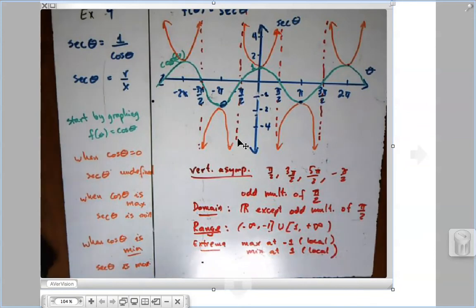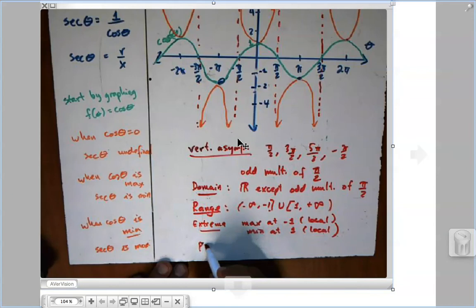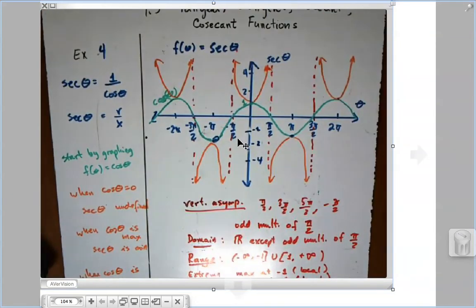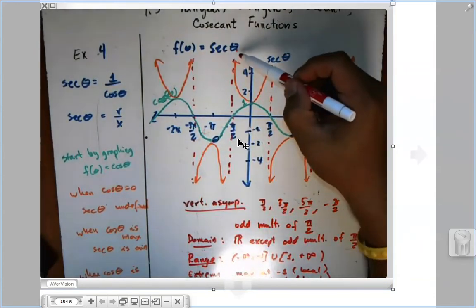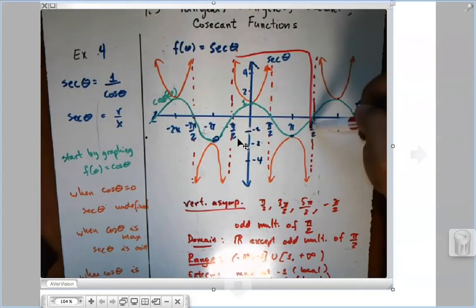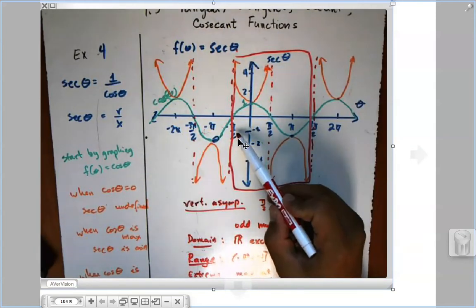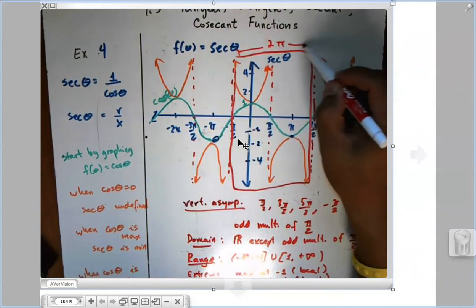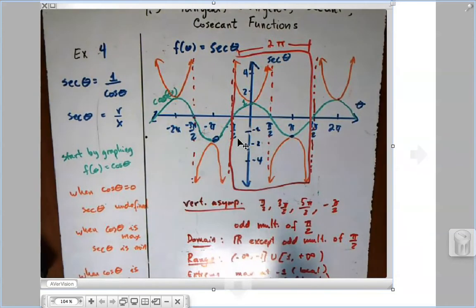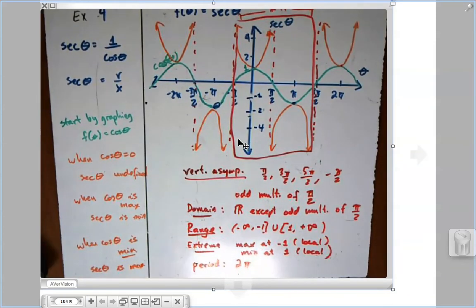There's nothing absolute about any of this, and it has a period same as before. It's a little bit harder to visualize, but if I look at this box right here, from -pi over 2 to 3 pi over 2, that distance is 2 pi. And you can see that this box just gets repeated over and over again. And so the period is the same thing as the period for the cosine function.